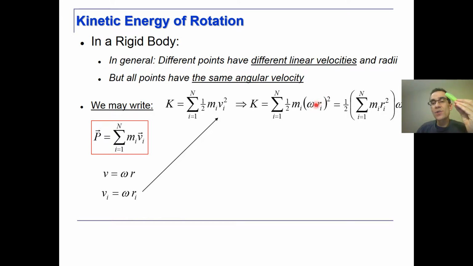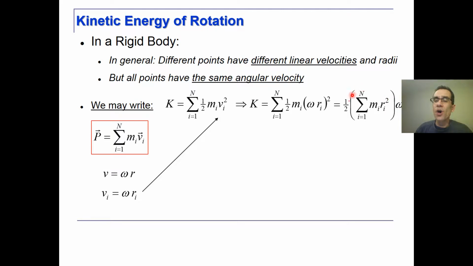It is omega squared. I can move it out of these parentheses. And I'm left in the parentheses with something that I cannot move away from the summation, which is the individual mass elements of the rigid body and the radius squared.